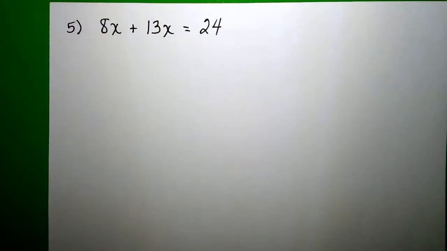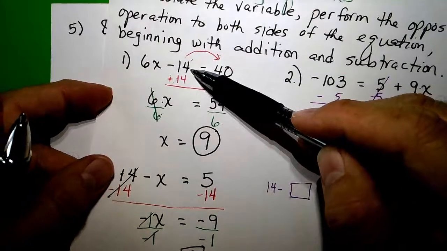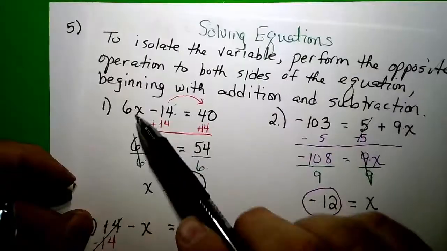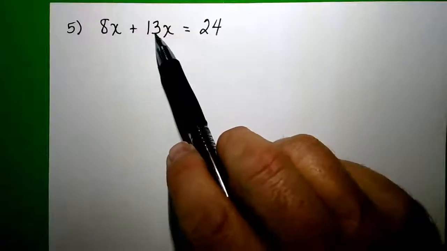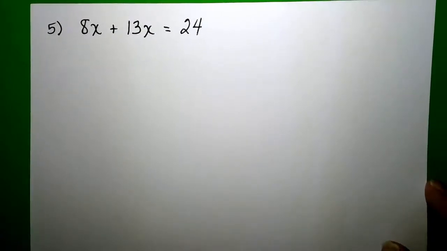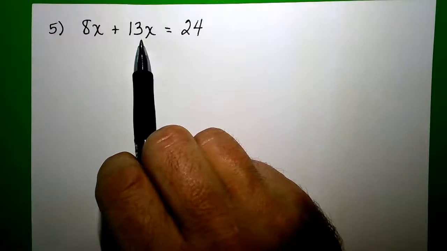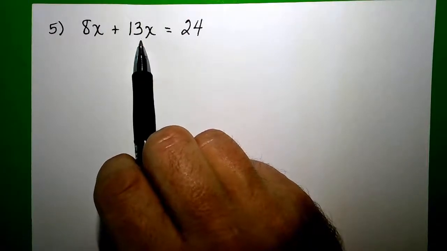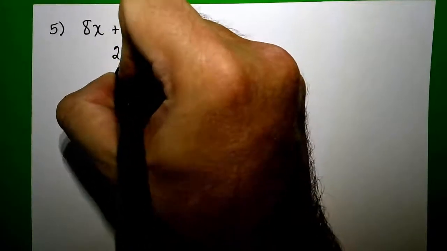Notice in the other ones, like the 14 one, you only had the variable appearing one time in the equation. Here it's twice, so what do we do? Well, you already know what to do. You're going to combine those like terms. 8x and 13x are like terms, so to combine them, it's like 8 apples plus 13 apples. There's 21 apples.